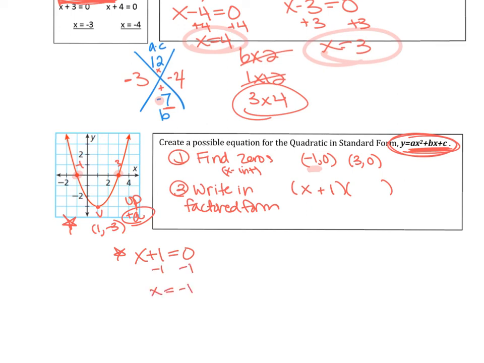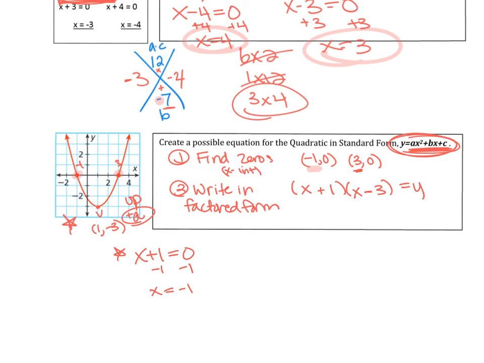And we do. So it's the opposite. When you write it in factored form, you do the opposite of what the zero was. Same thing over here. If I need it to be a 3 when I solve it, what would I have as my factor so that when I solve, I get +3? The opposite, x minus 3. We make it equal to y. So that's our factored form.